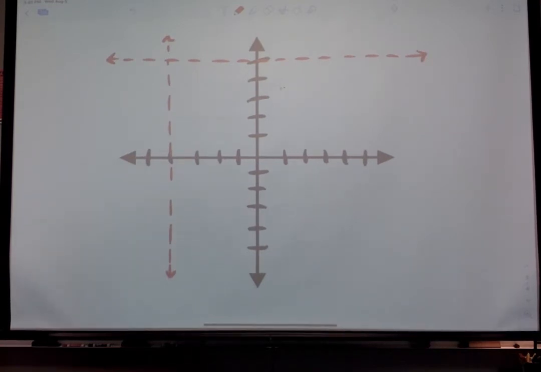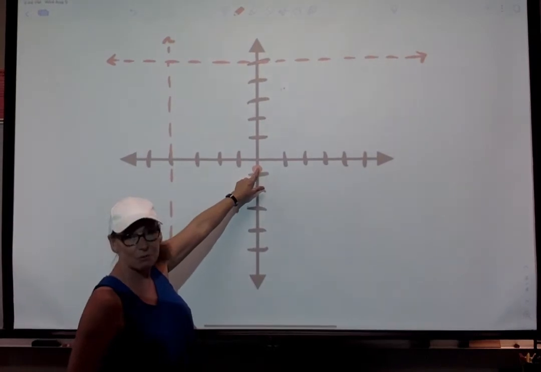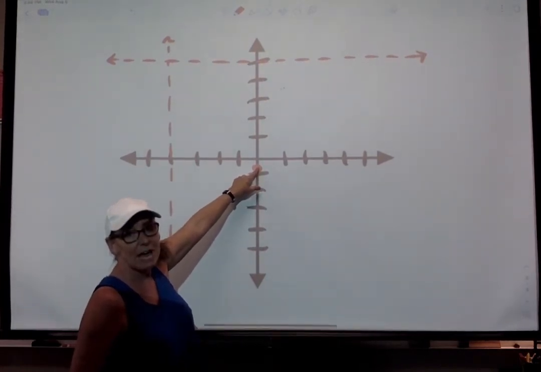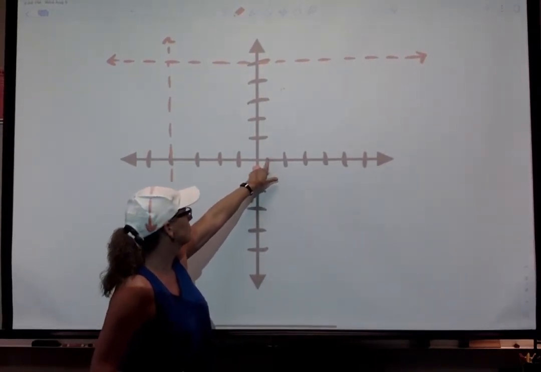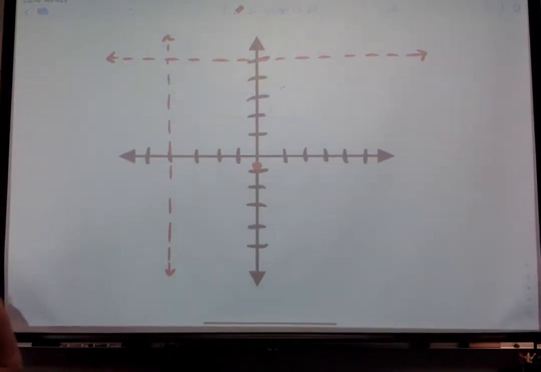We have a y-intercept at -3/4, so like here-ish. X-intercept at +3/5, so here-ish somewhere.